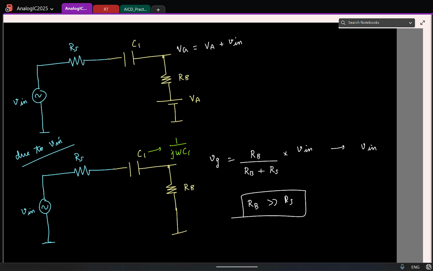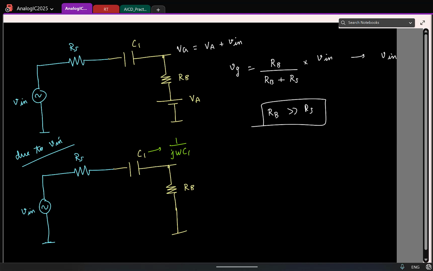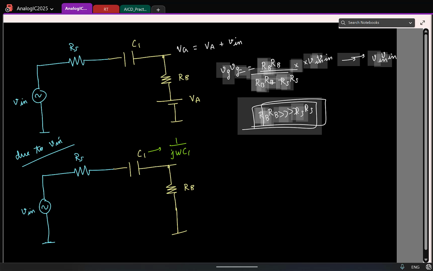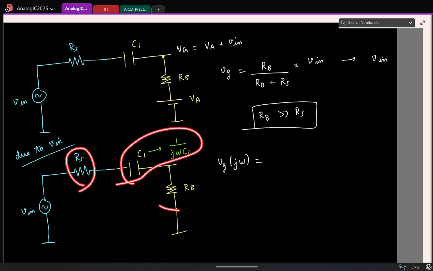So now let's include the effect of C. Now you have the capacitor offering an impedance 1 by j omega C. Let's do it in the frequency domain. If I write it as Vg of j omega, now we'll have a voltage division between Rs, this impedance, and Rb.